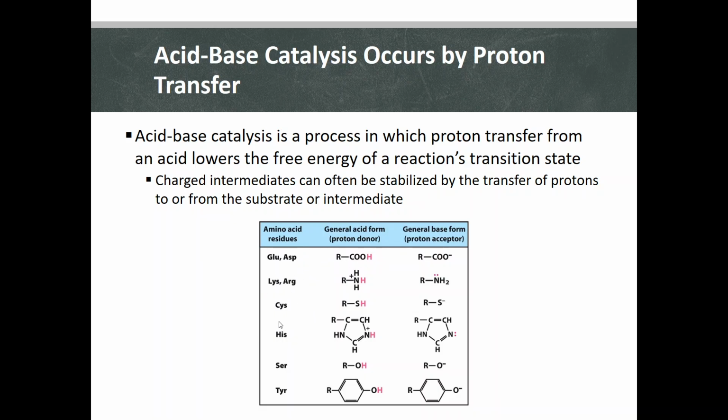You've got a thiol in cysteine. You've got your imidazole in histidine, your alcohol in serine, and your phenol in tyrosine. You'll see in each case here you have the general acid form, the protonated form, something that can function as a proton donor or an acid. Then you have the deprotonated form on the right-hand side, the base form.